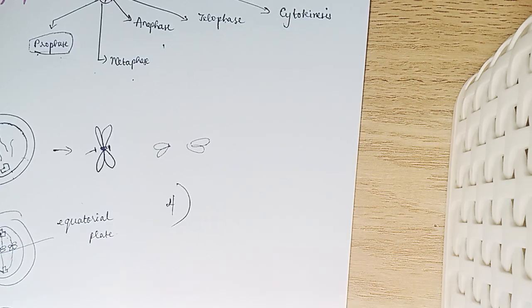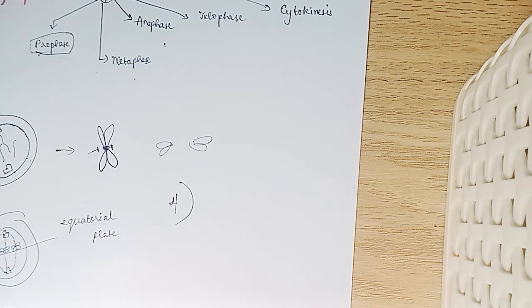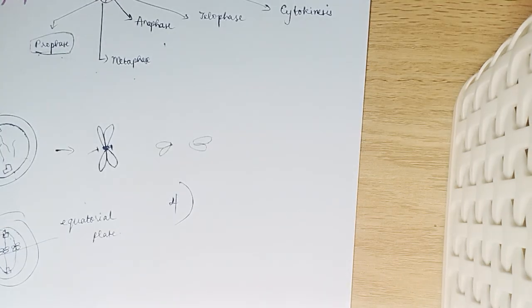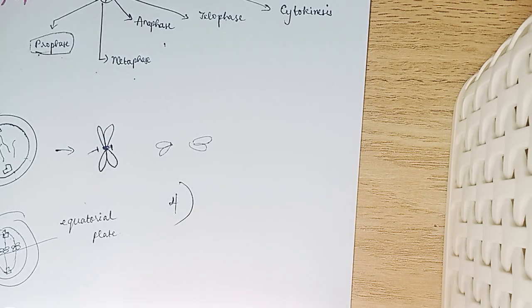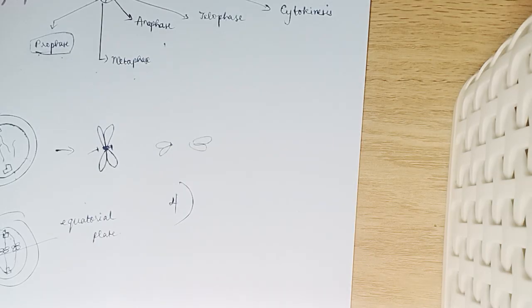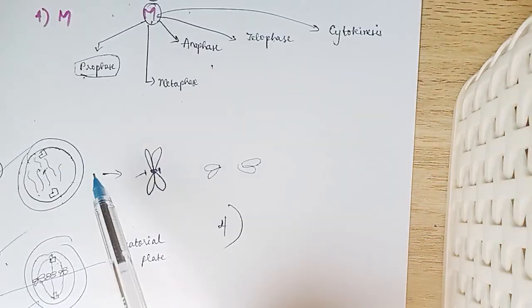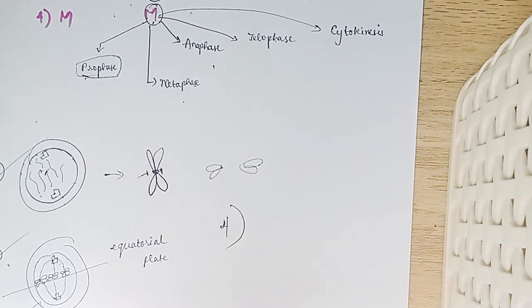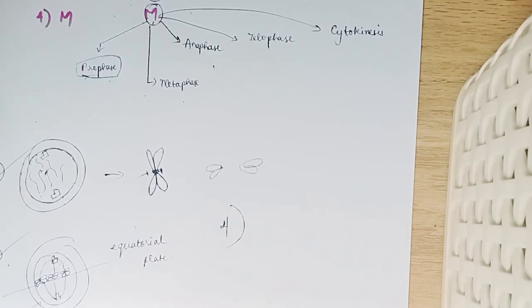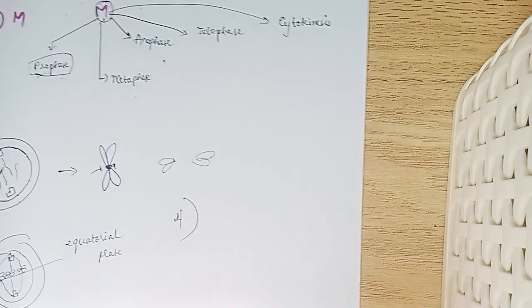Next, telophase. What happens during telophase? Telophase is the time when the chromosomes cluster at opposite spindle poles and their identity is lost, and the nuclear envelope starts developing. So it's just the opposite of prophase. The cell components become more visible. The nucleolus, Golgi complex, and endoplasmic reticulum reform.